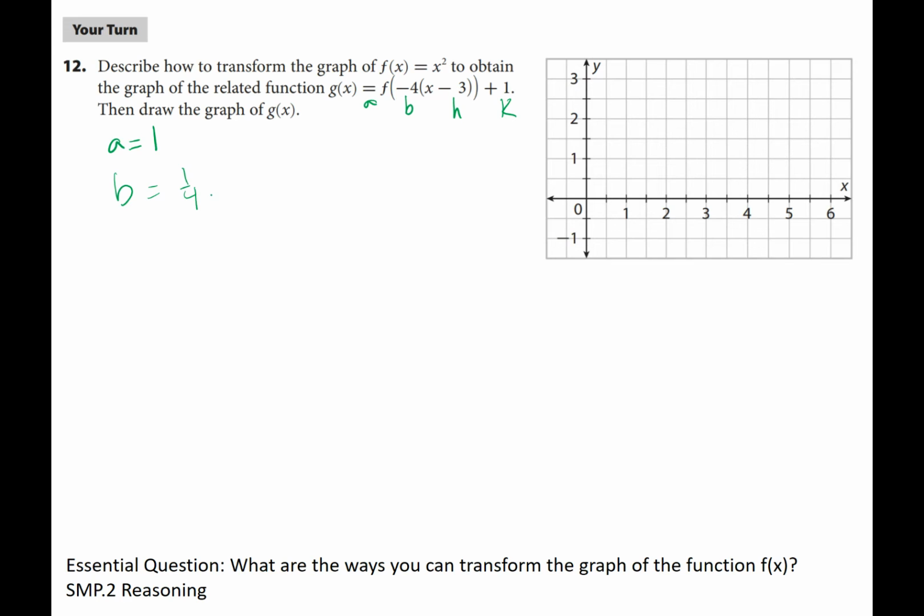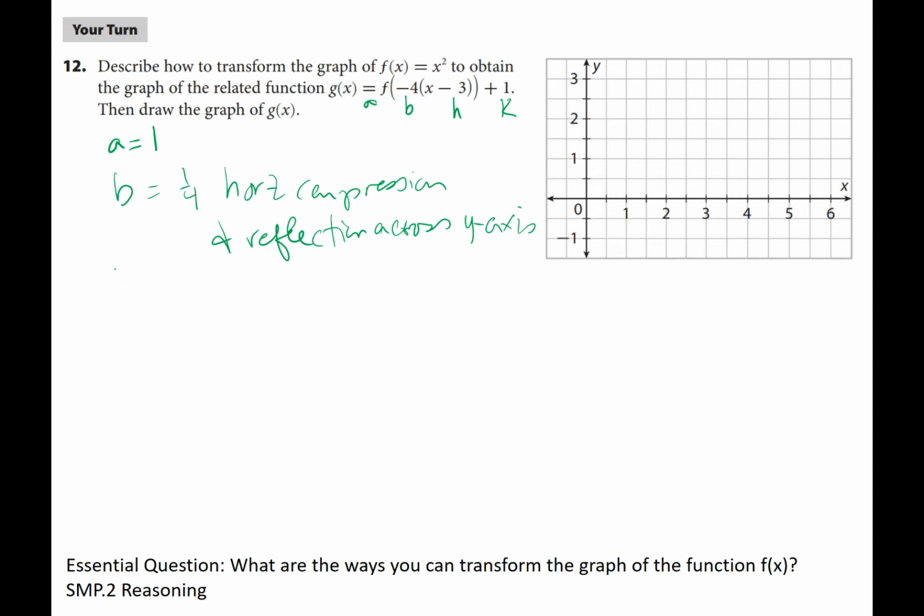And then we also know that it's a horizontal compression because it's between 0 and 1. And we also know that it's a reflection because of that negative. In this case, because it's the b, it would be a reflection across the y-axis.